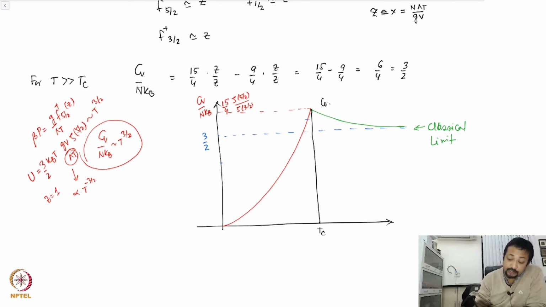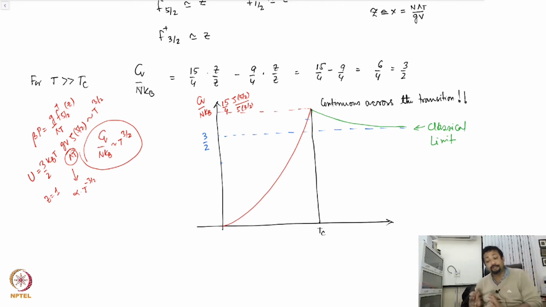It is continuous across the transition. The specific heat is continuous across the transition. Not only that, exactly at the critical point, its value is larger than the classical limit of 3/2. That is essentially 3/2.